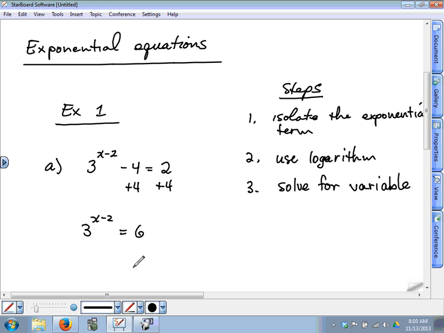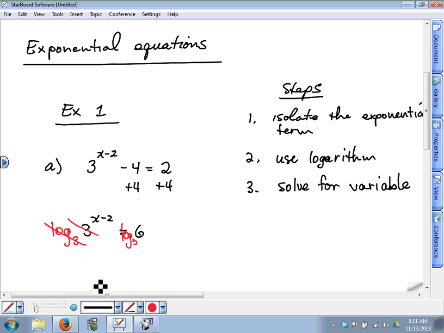Now, on step 2, this can be done a number of ways. What specific logarithm cancels a base of 3? Log base 3. So I'm going to show you this way to do it, and then I'm going to show you another way here in a second. You can do a log base 3 on the left and a log base 3 on the right.